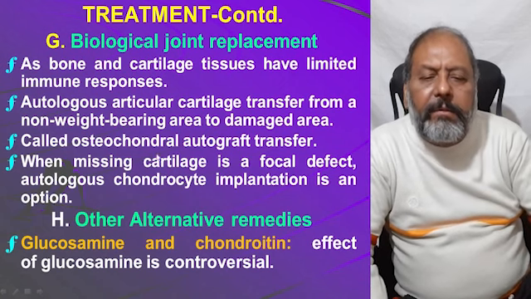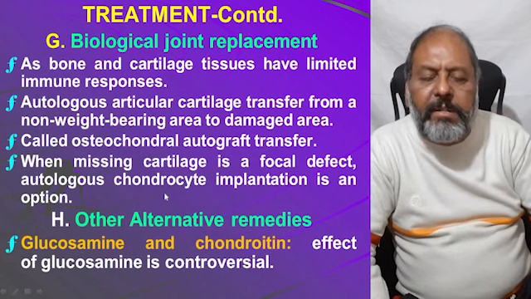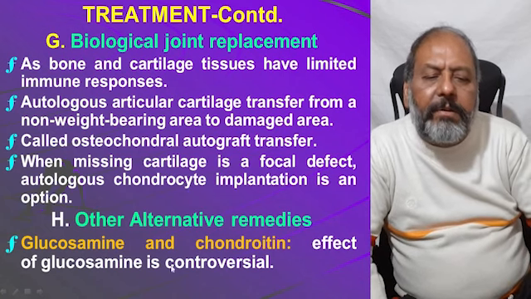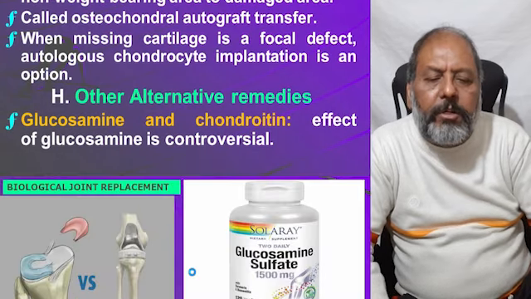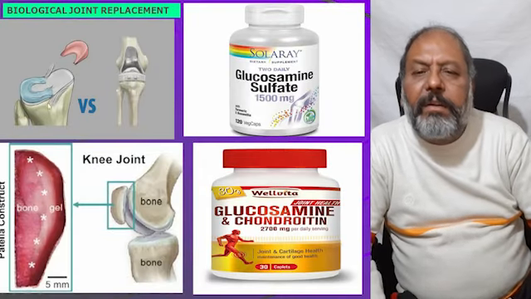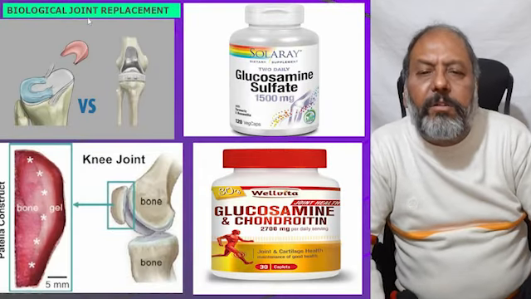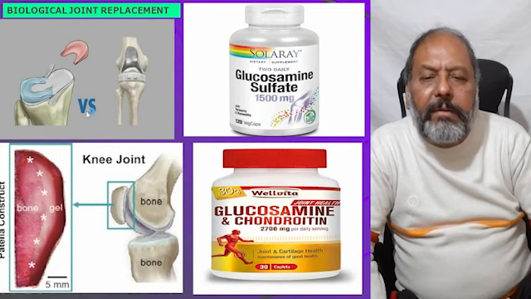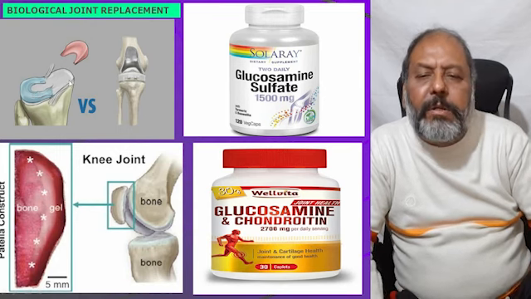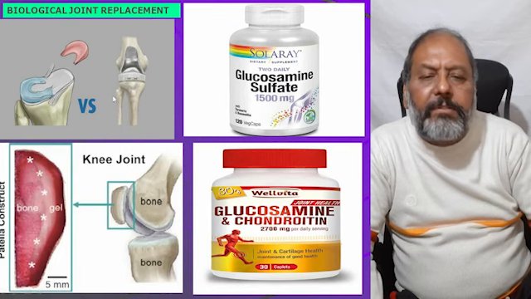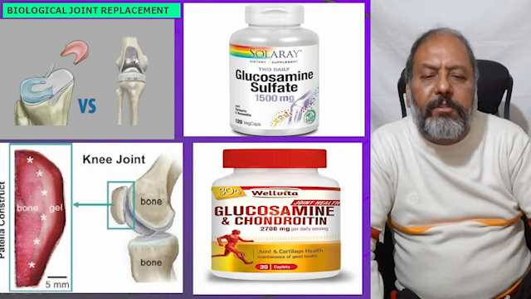In the treatment, the other alternate remedies are glucosamine and chondroitin. The effect of glucosamine is controversial, and here one can see the biological joint replacement at the meniscus and the other part of the joint which has been lost, that is being replaced as compared to the total joint replacement.